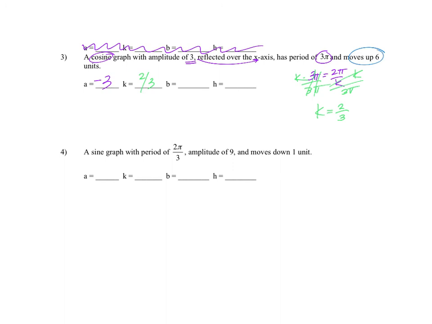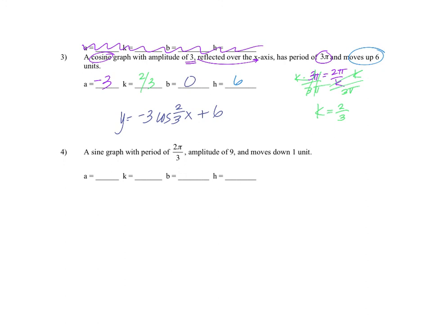Well, up is my h value. And it says nothing about going left or right, so that's a 0. So when I plug this in, y equals -3 cosine of 2/3 x plus 6.